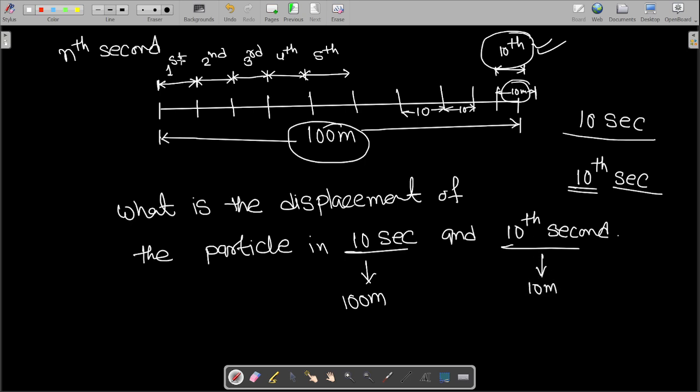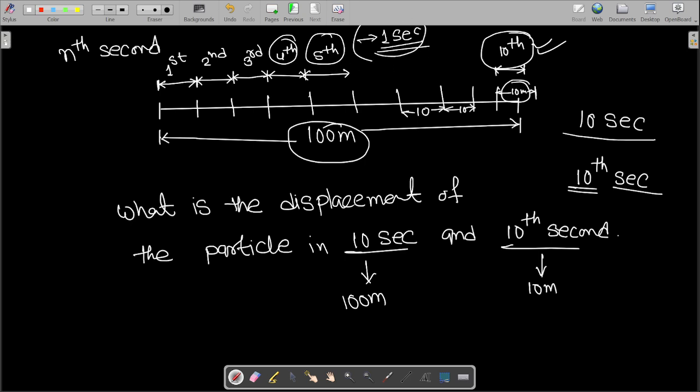That is, the first second, second second, third second, fourth second, fifth second is nothing but a part of this 10 second, and the interval of this fifth second is only 1 second. I am saying that it is a fifth second, but its interval is only 1 second.